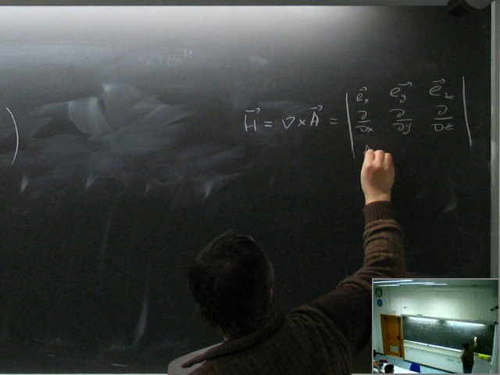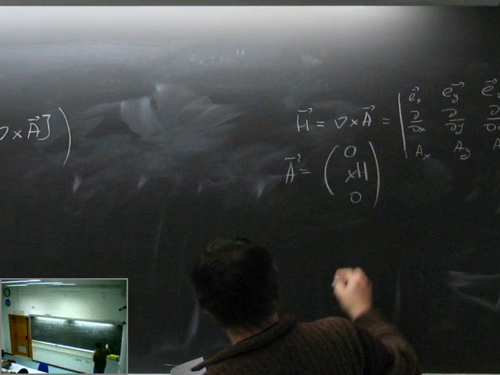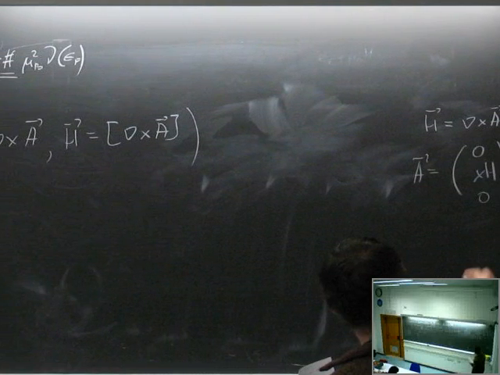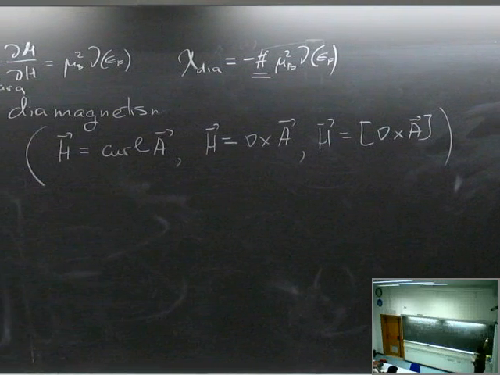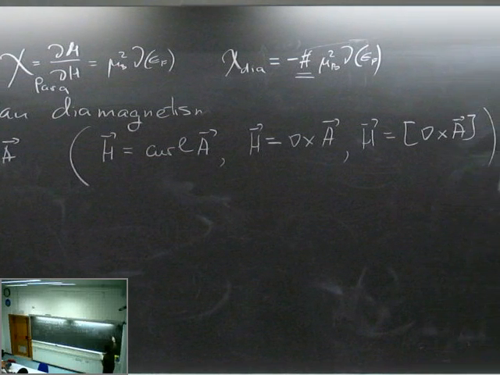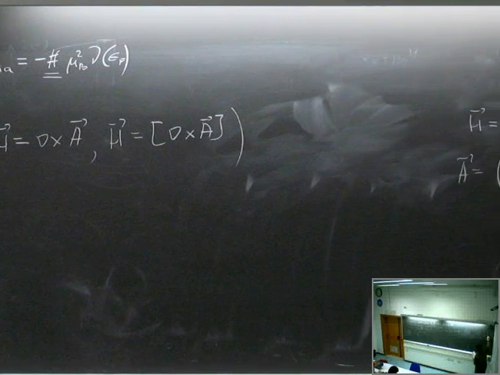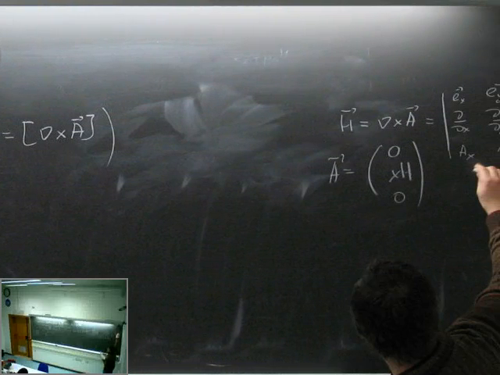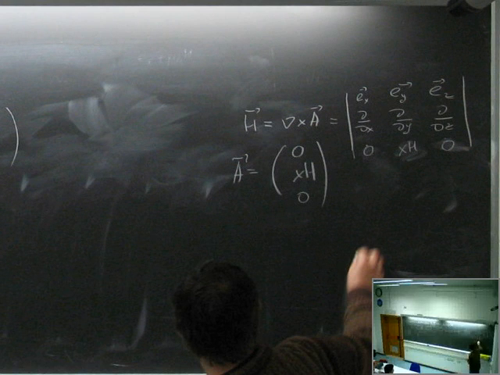Let me choose A in the form 0, x H, 0. So you see, if you plug in this shape of the vector potential, you will get H in the z direction, because the only contribution from the determinant comes along the z direction. So as I said, H is parallel to z.